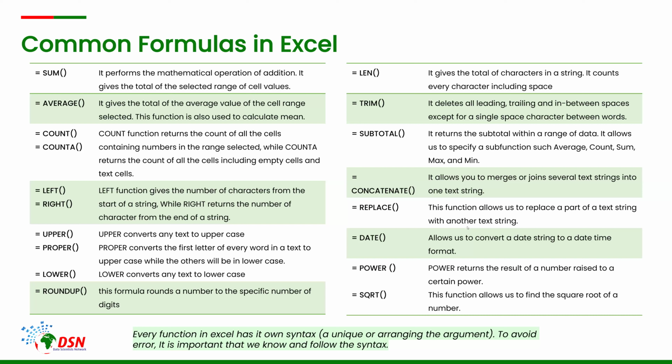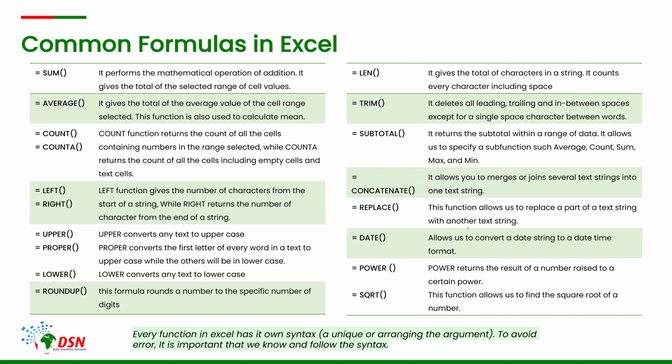So the upper, the proper, and the lower. Upper will change whatever is in your cell to capital letters, everything. The proper only changes the first letter of every word in your cell to a capital letter and leaves the remainder small letters. Lower changes everything to lower case. Then round up: this formula rounds the number to a specific number of digits.